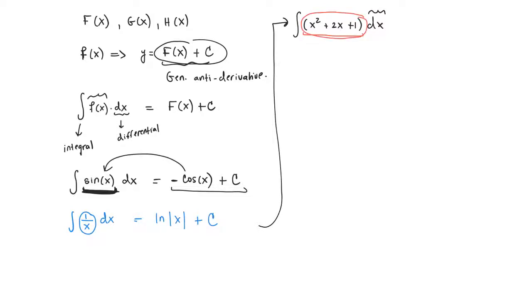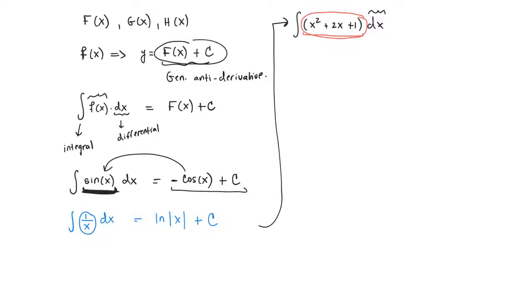Well, properties of integrals, they have the same properties as derivatives. In other words, if you have a function that is made up of several terms, you can find the antiderivative of x squared, the antiderivative of 2x, and the antiderivative of 1 separately. In other words, you can break up the sum into 3 separate little functions.